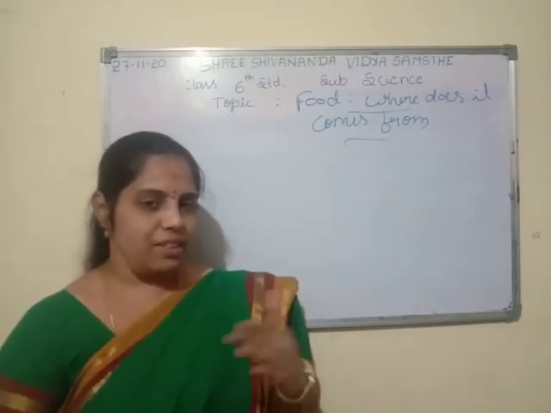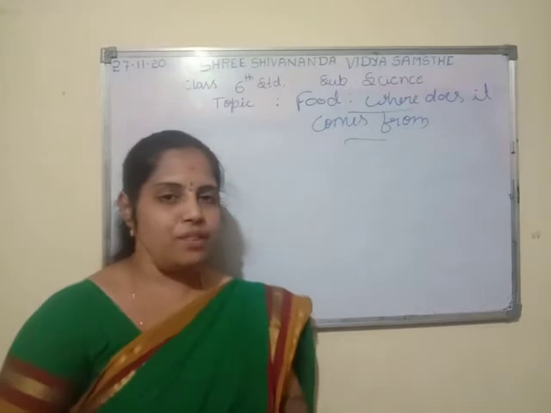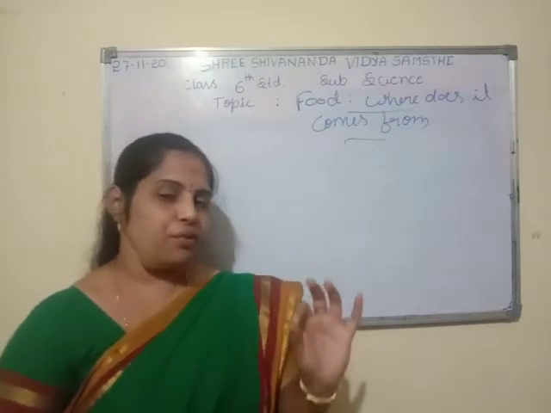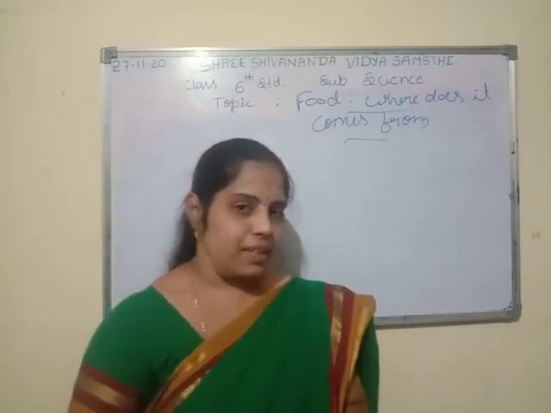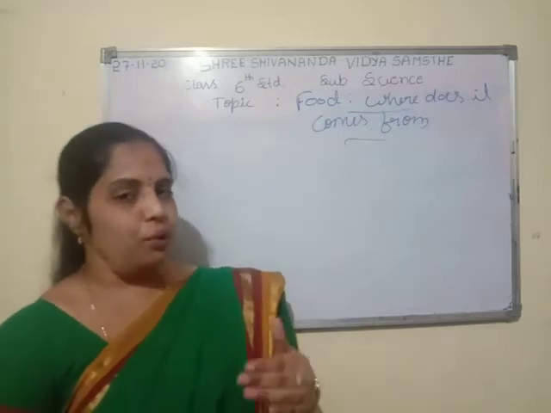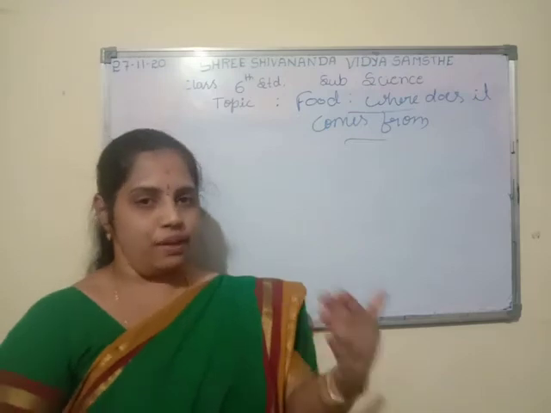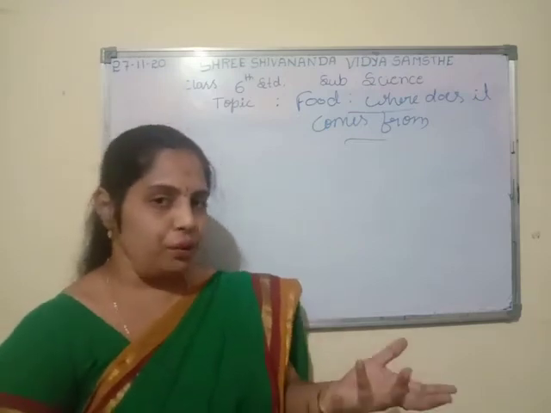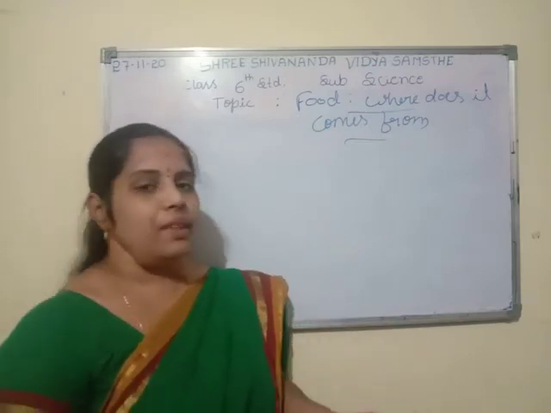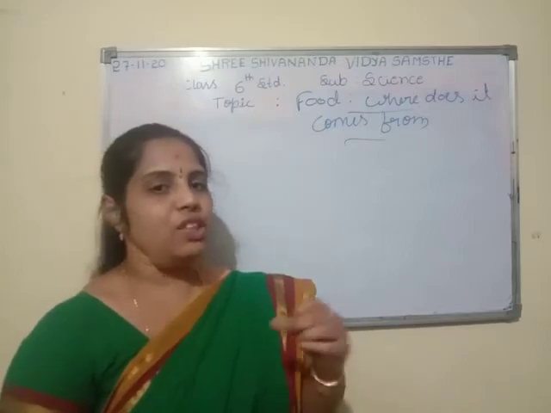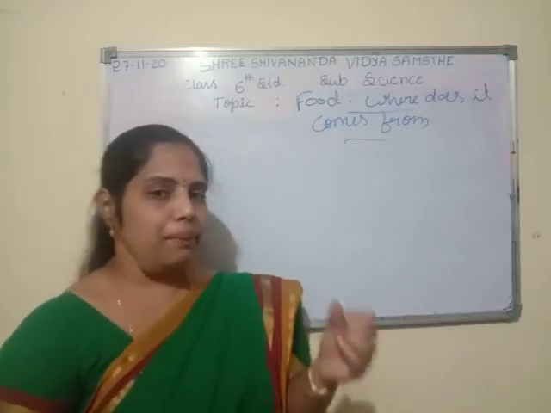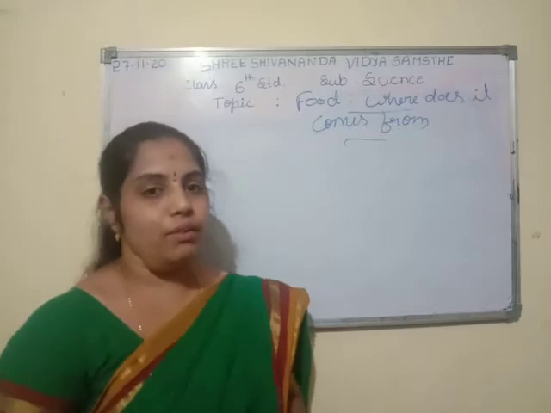Shall I ask some questions about that? What is the difference between autotrophs and heterotrophs? Yes, so autotrophs are the plants which can prepare their own food. Heterotrophs are the animals which cannot prepare their own food but depend on plants for their food.